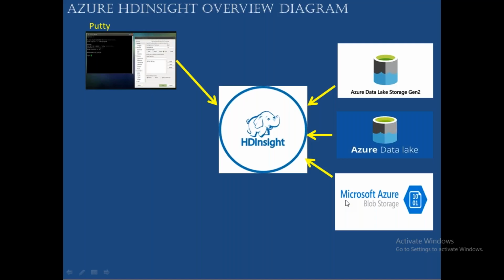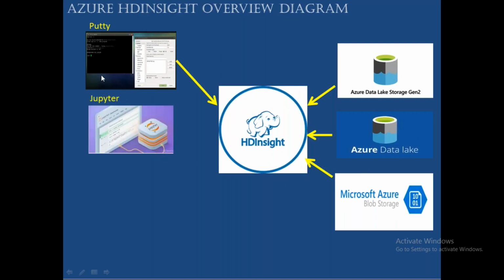The only data you can read is from Data Lake Storage Gen2, Gen1, and blob storage. Other storages are not possible. From other storages or databases, you cannot read data into Azure HDInsight. So when I submit Spark code, it can access data only from these storages.